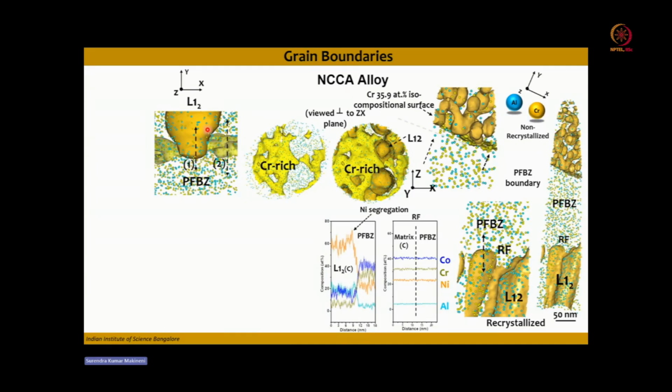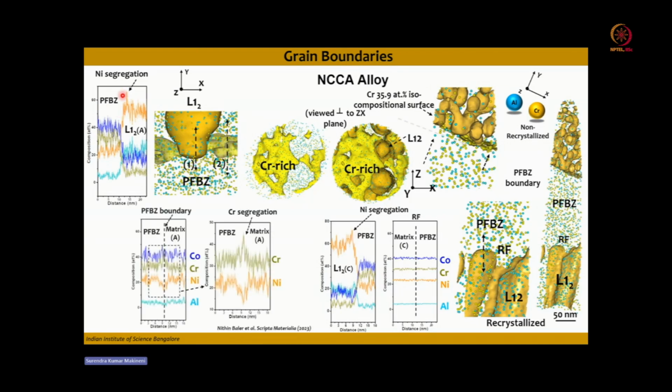This dissolution of precipitates is happening exactly at that particular plane. And if you take the composition profile, we see that exactly similar to the nickel, there is a nickel segregation. And along the chromium rich part, you see there is an enrichment of chromium, while depletion of nickel and cobalt and aluminum are almost the same.